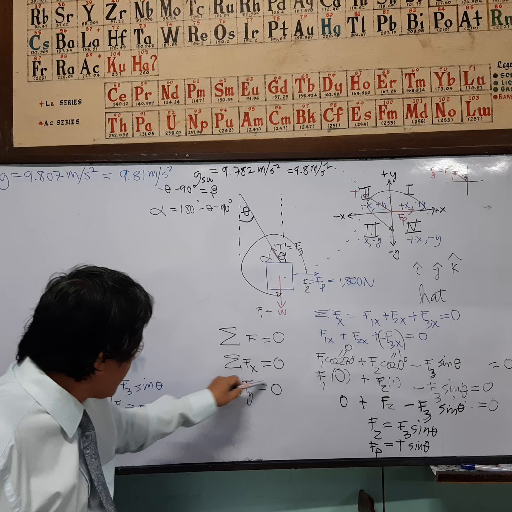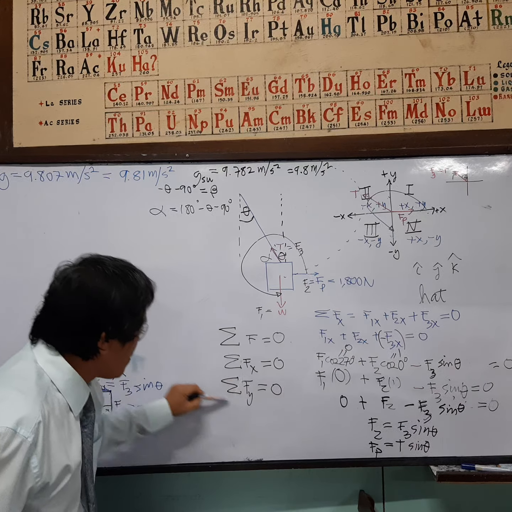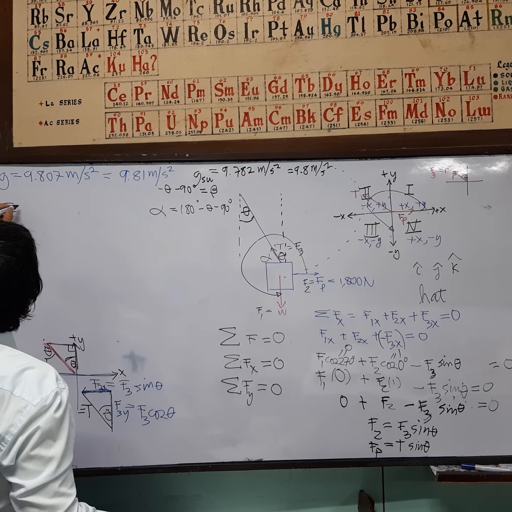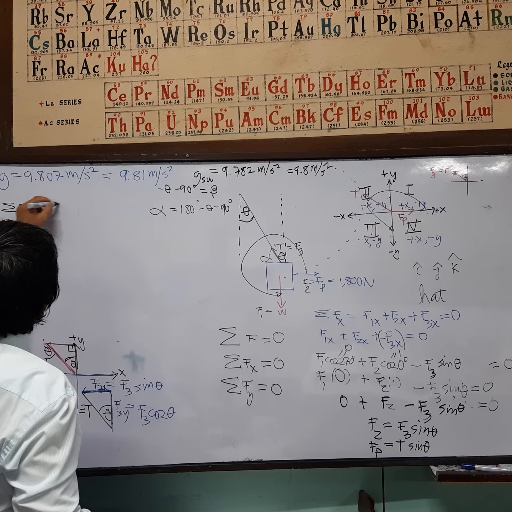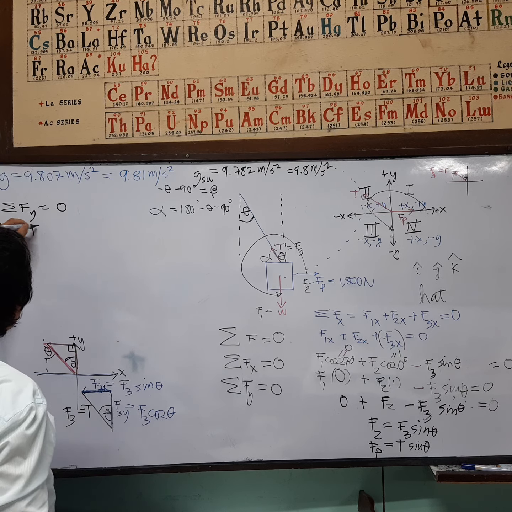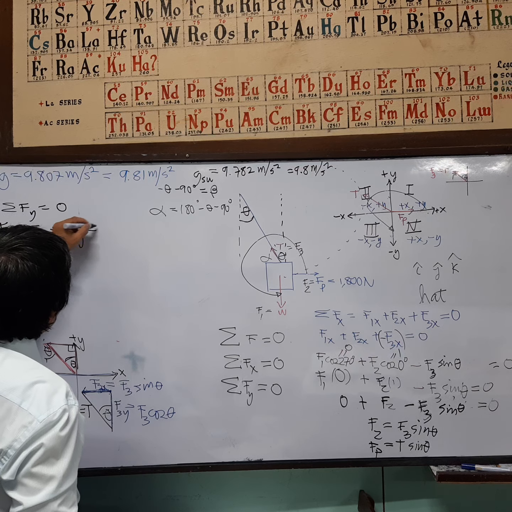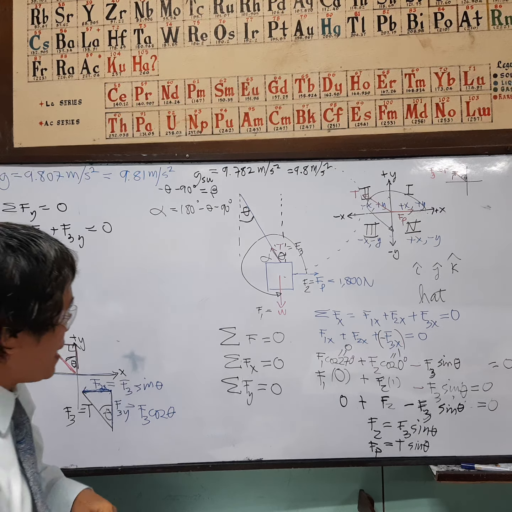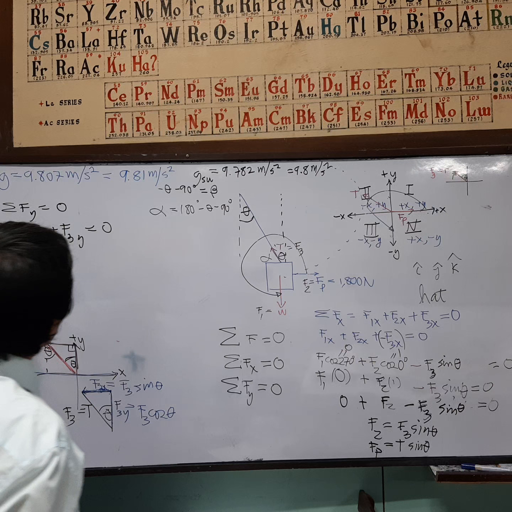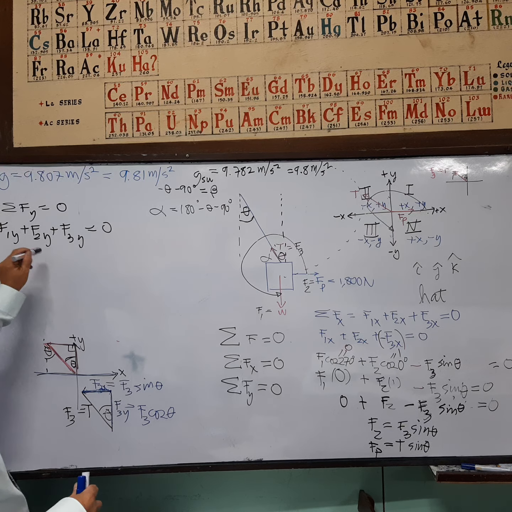The solution here we solve: summation of Fy equals 0. Summation of Fy is F1y plus F2y plus F3y equals 0. Similar here, the Y components.